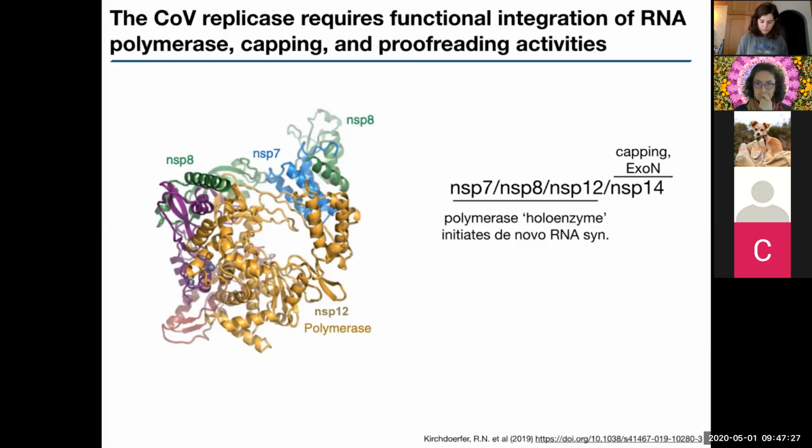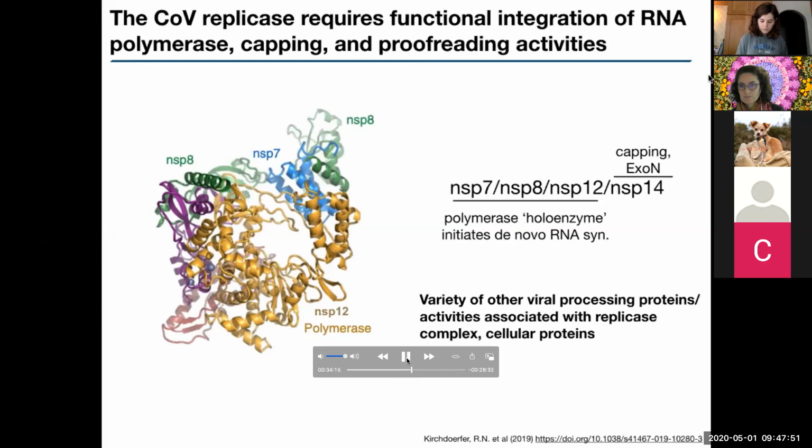In addition, the complex is associated through protein-protein interactions with another non-structural protein called NSP14, which is a bifunctional protein that has both capping activities and an exonuclease activity, which turns out to be a real paradigm-shifting activity for how scientists think about RNA virus evolution. I'm going to spend some time talking about that.